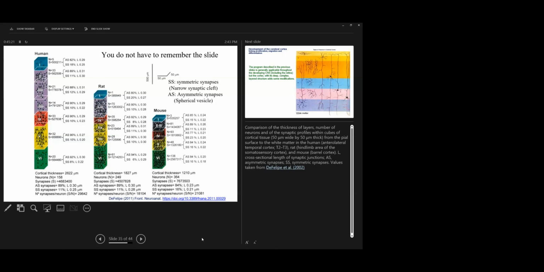So there are more asymmetric synapses in the human as compared to symmetric synapses. Again, in the mouse or in the rat, you have more asymmetric synapses. And you have a greater number of synapses in human. So again, you don't have to remember the slide, it is just to show the complexity of a cortex.